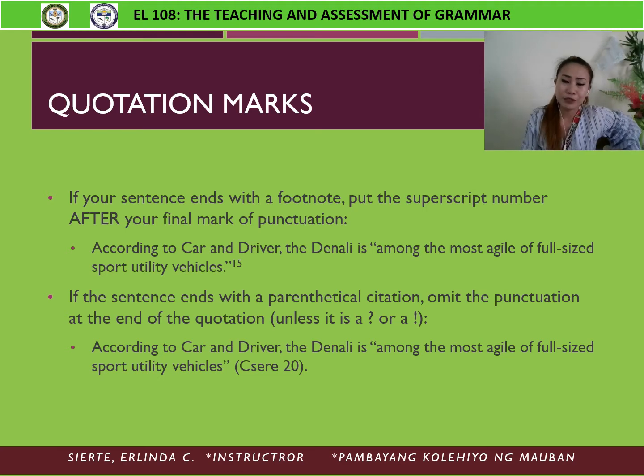Next, if the sentence ends with a parenthetical citation, omit the punctuation at the end of the quotation, unless it is a question mark or an exclamation point. Example: According to Car and Driver, the Denali is among the most agile of full-sized sport utility vehicles. Year 2020.